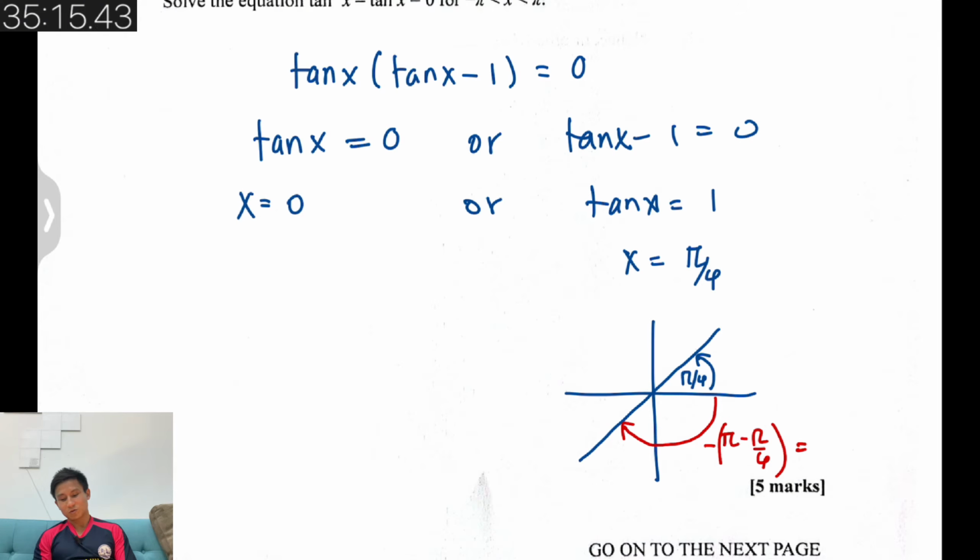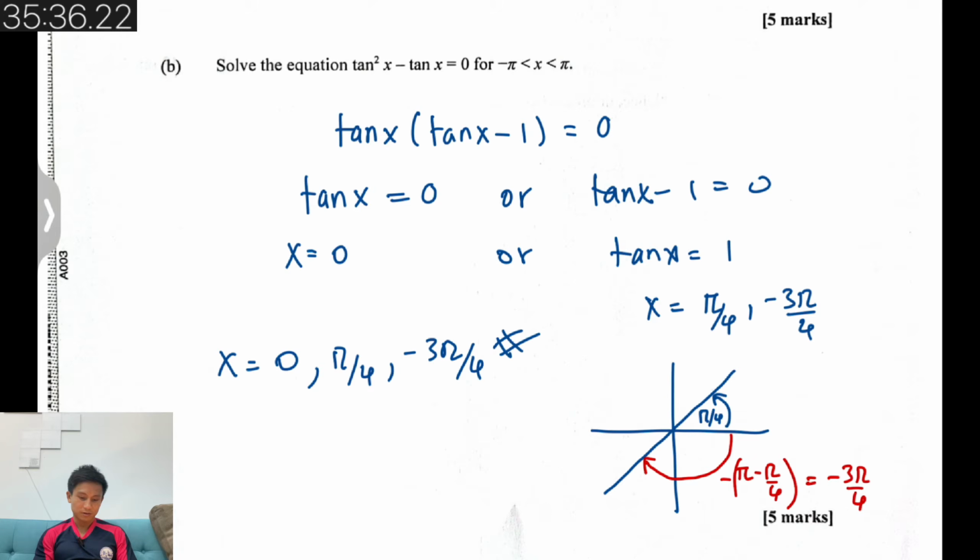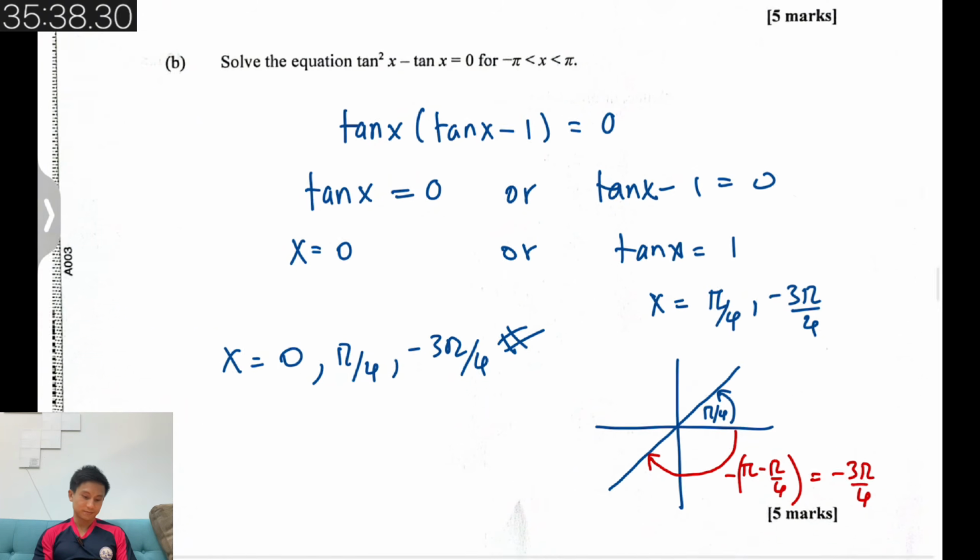So pi minus pi over 4 is 3 pi over 4, right? So that's negative 3 pi over 4. That's the other one there. Yeah? Now we got 2 for that. Okay. So the answer is then 0, pi over 4, minus 3 pi over 4 for the x. All right? That's it.